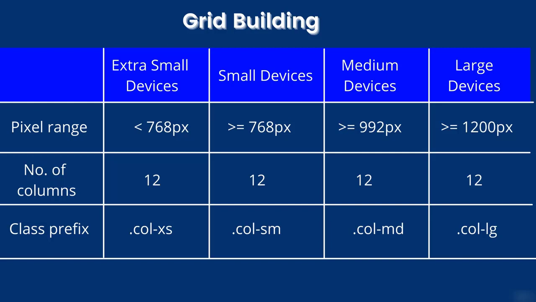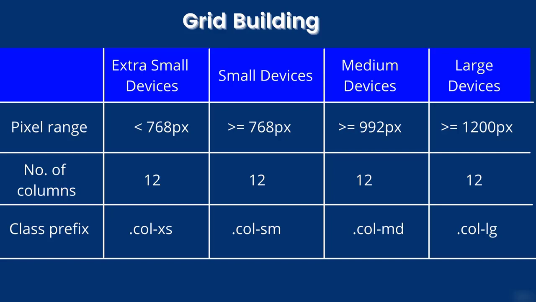So I cannot show you the large devices because the pixel number will be way more. Yes, for the other things, if the number of pixels is less than 768, then it will be used maybe on a mobile device. All right, extra small devices means mobile device, maybe 5-inch, 5.5-inch mobile screen if you are working with. So it will be like that. Number of columns will be 12 for all screen sizes, as I said.